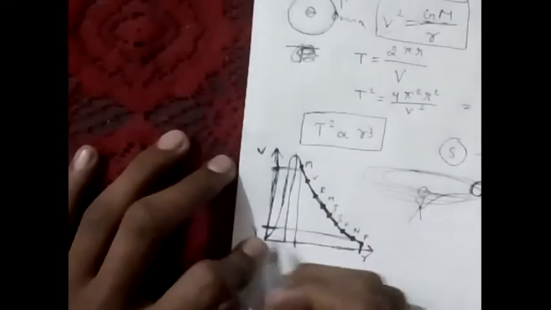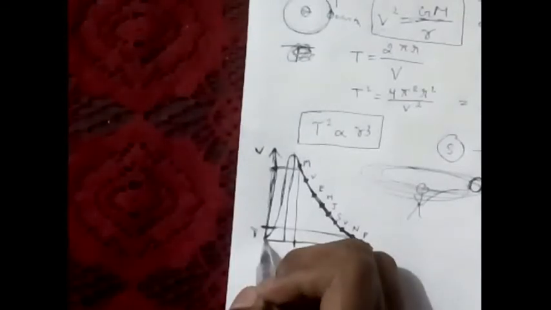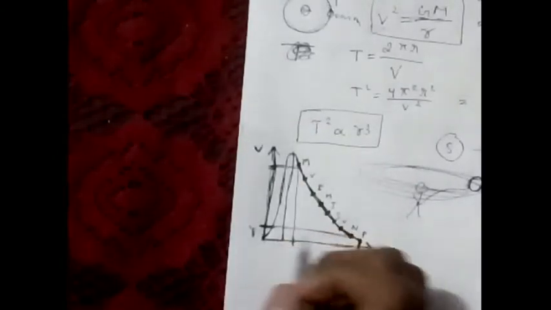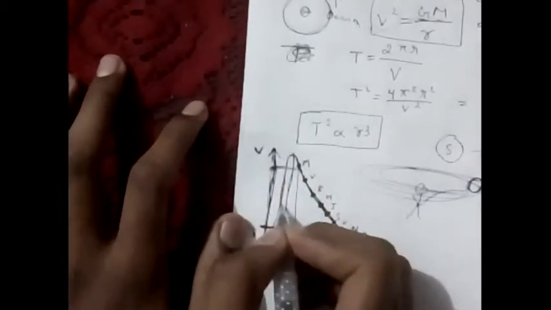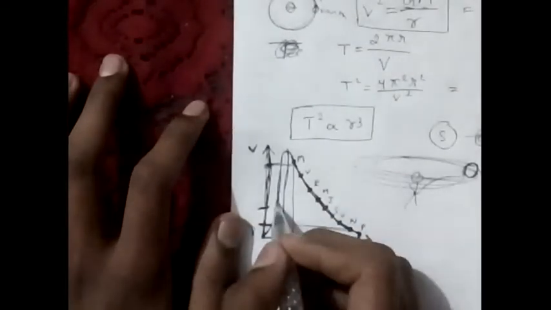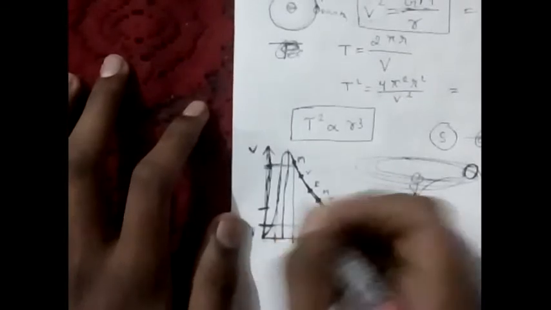As it comes closer to the center, its speed starts increasing. This is the quadrant of the speed. Look, as it comes closer, the speed is here, or the distance.